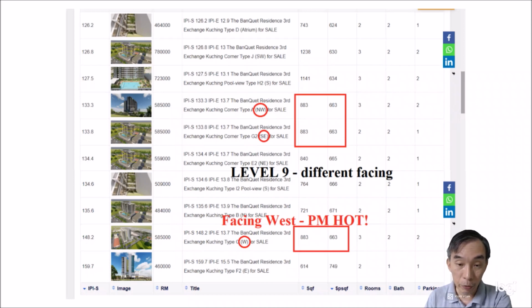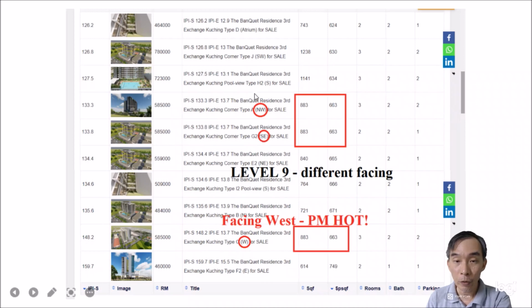Instead, if you look at the house which is facing west, that means afternoon sun will be directly shining into the property and entrance, so that is very hot. So therefore, a higher IPI denotes that this is not a preferred benefit. So the benefit is not good, therefore it increases the IPI scoring.